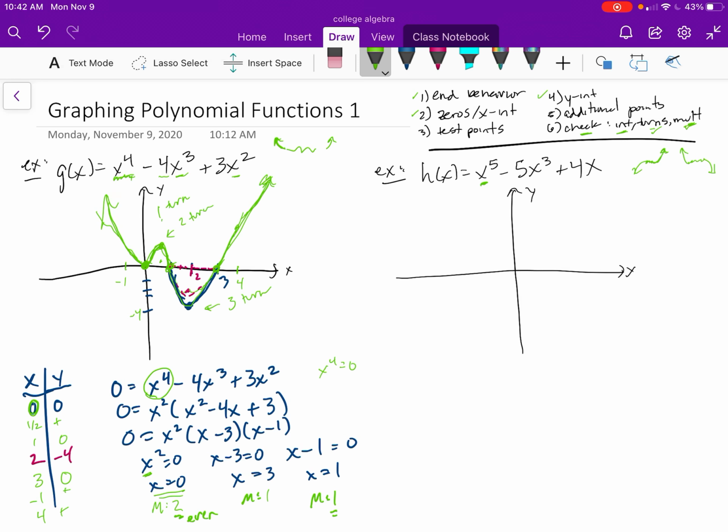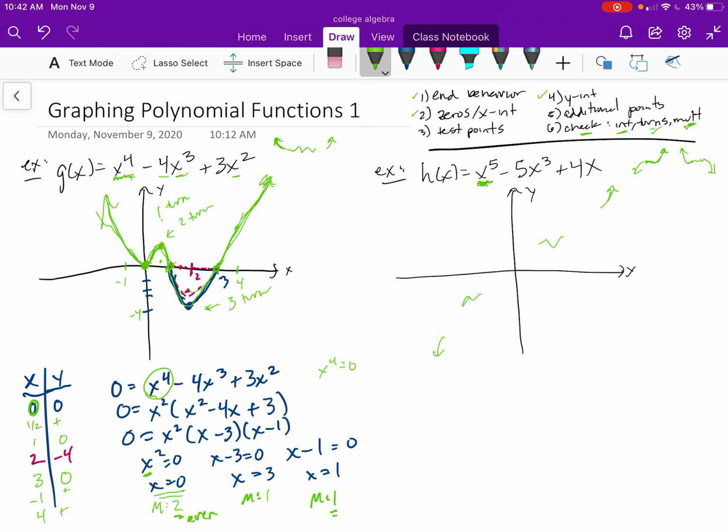The easy way to remember this is just check a very large number, like, right, we're shooting x towards infinity, but we could even just do 10 in here. It would be positive, it's going to end high. And if you do a -10 to the 5th, right, that's negative, so it's going to start low, end high, do some stuff in the middle. All right, that's end behavior.